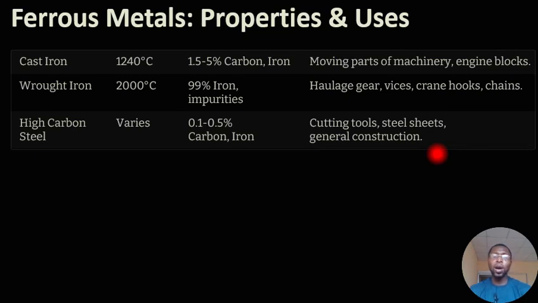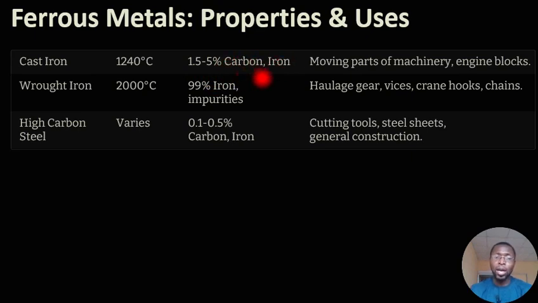Now, let's go to the other material, which is the metal. For ferrous metals, these are the examples. We have the cast iron, an example of ferrous metals. Now, the melting point of cast iron is 1240 degrees Celsius, and it consists of 1.5 to 5% of carbon and then iron.